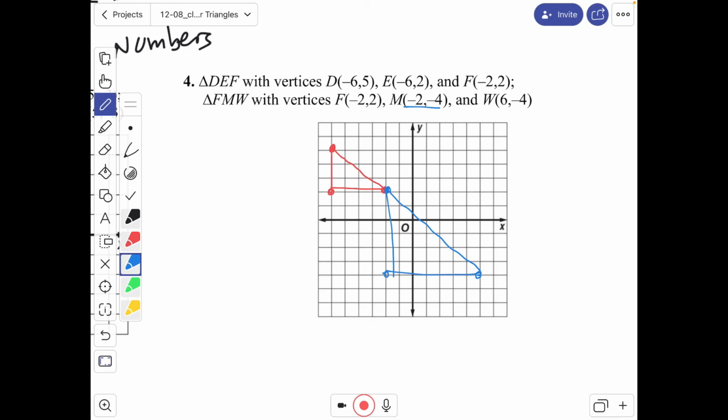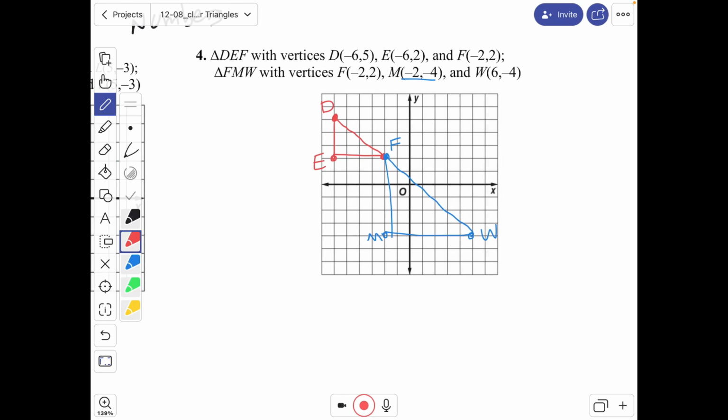Now, it's very important to actually label all those dots. So this was F, this one is M, and this one's W, and this was D, and this was E. Once you do that, then you're able to set up the proportion. Rise over run.